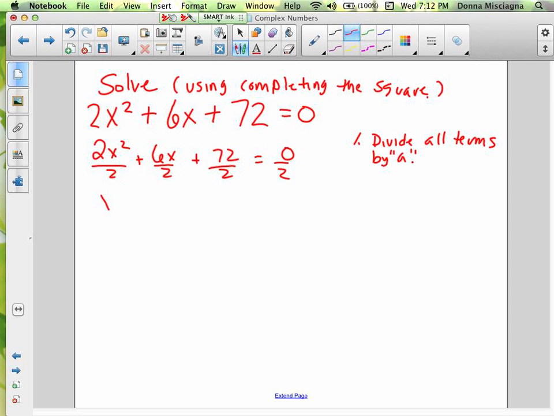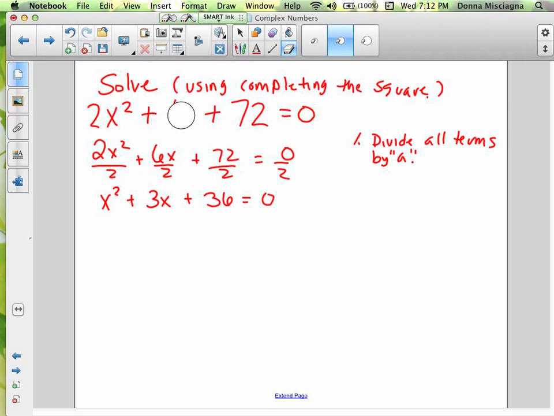So that's going to be x squared plus 3x plus 36 equals 0. Actually, I wasn't thinking. I'm going to change this. I reserve the right to change this. Let's give ourselves an even number. Let's make that a 12x.